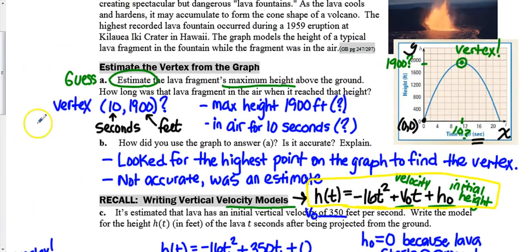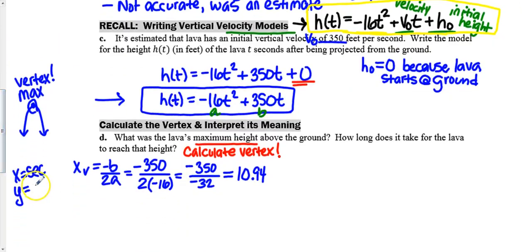Coming up here, y is feet. So even though it didn't tell us here to specifically define variables, that is always a good idea. Because now I know 10.94 is a value for x, and I remember that x is all about seconds. So the label here is seconds.